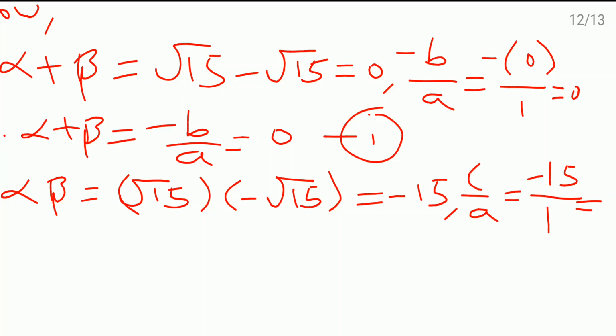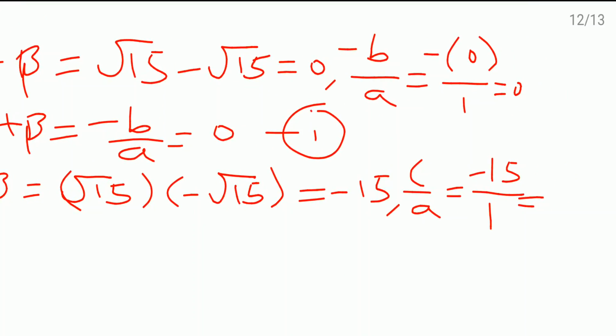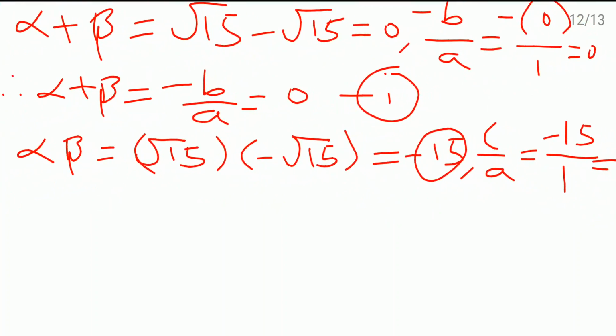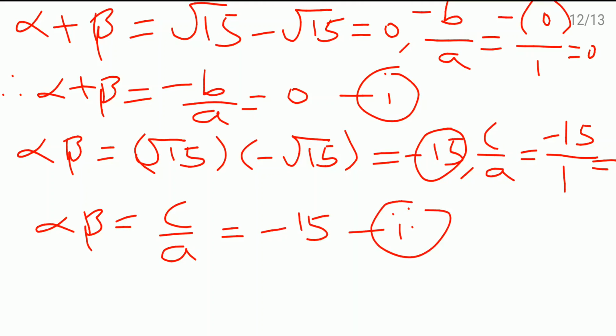Right. So here answer comes as minus 15. See, both the values are same. Therefore, directly we can write down here alpha into beta, which is equal to c by a, which is equal to here minus 15. Right, we'll name it as 2.